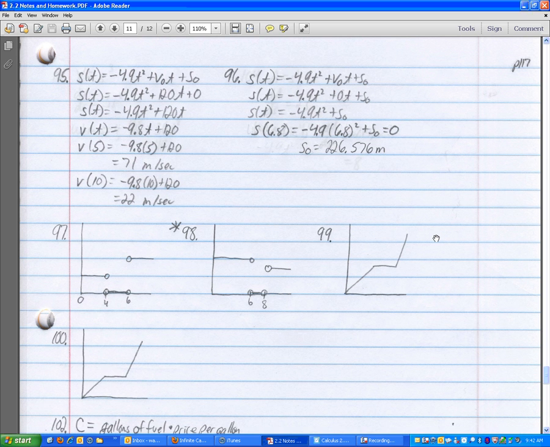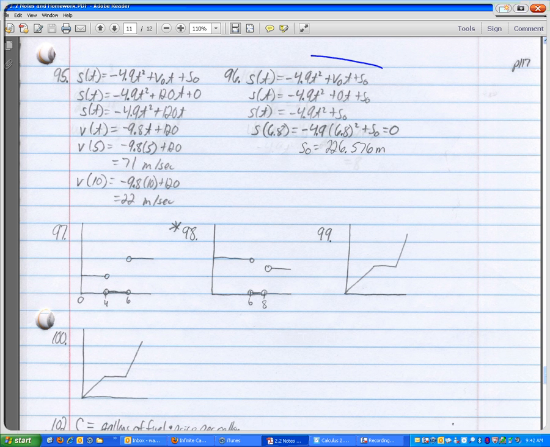All right, so we're using this as our position function. Why are we using that as our position function? They told us to. Now, we don't know the height of the building because the initial position of the stone is the height of the building, isn't it? So that has to stay an unknown.